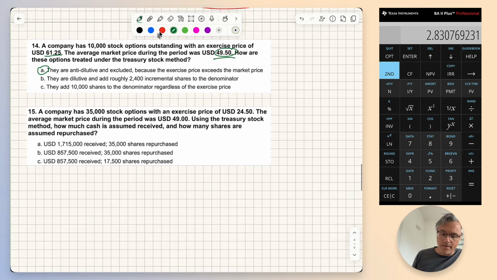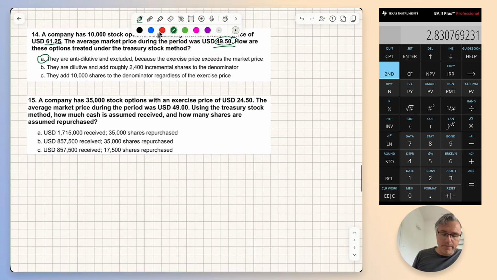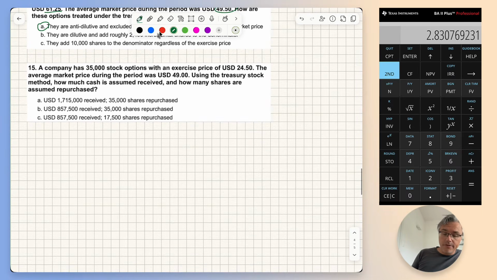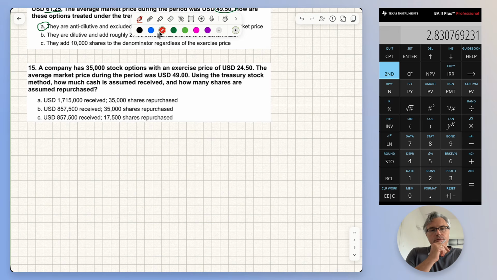The rest of the answers are talking about what these shares add. They don't add anything. Right, a company has 35,000 stock options with an exercise price of $24.50. The average market price during the period was $49.